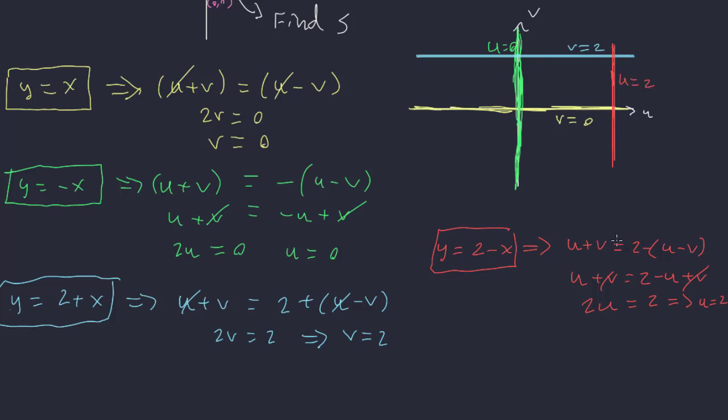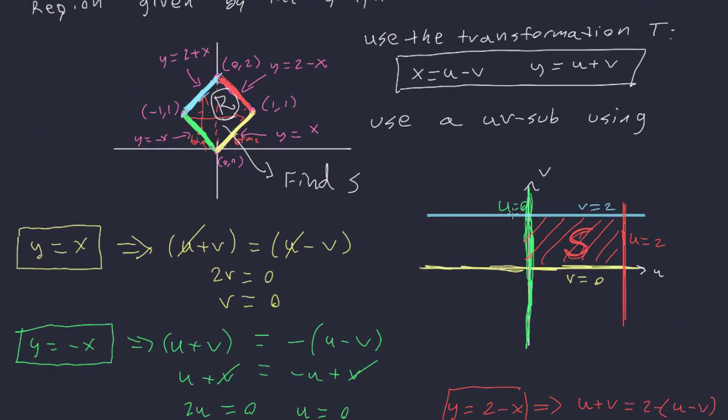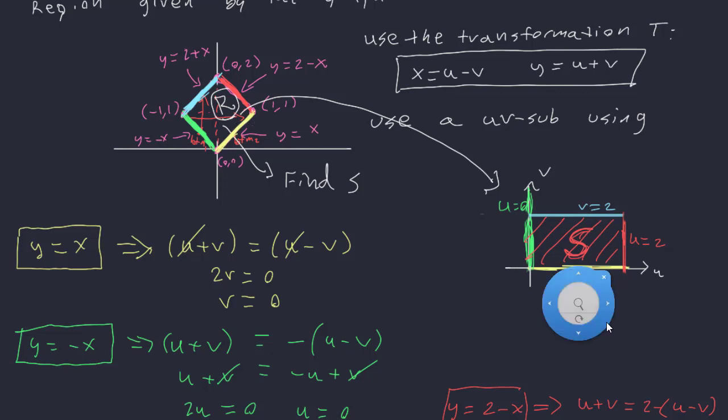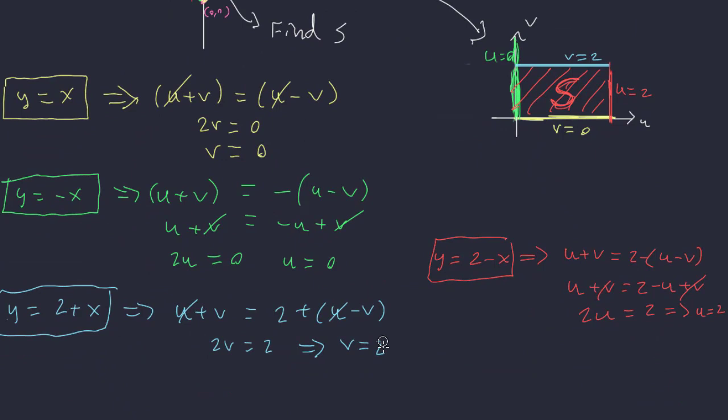So, the region bounded by all of these guys is this rectangle here. Okay, this is our S. So what we've done is, with this transformation, changed the diamond into this rectangle. Now I've cleaned it up a little bit. And I'm sorry, I just realized I forgot to divide.